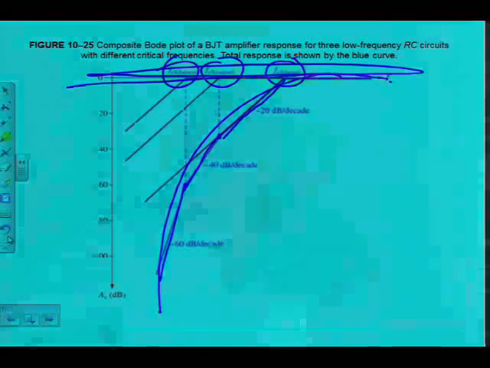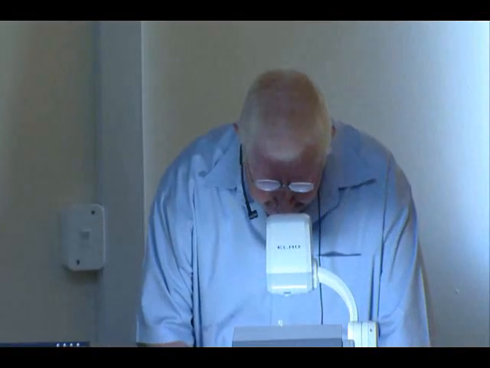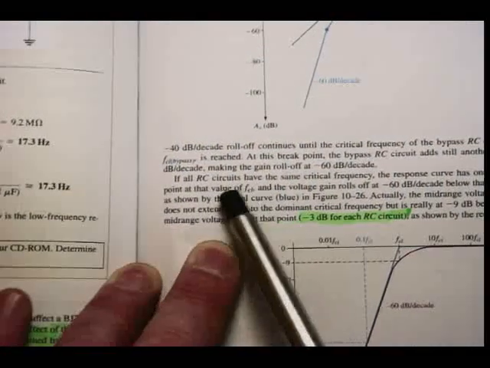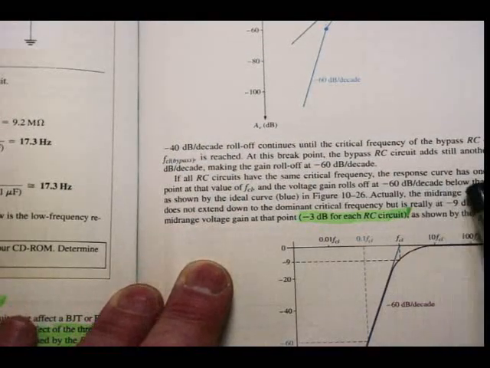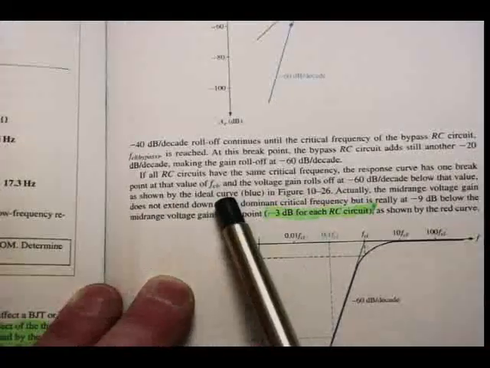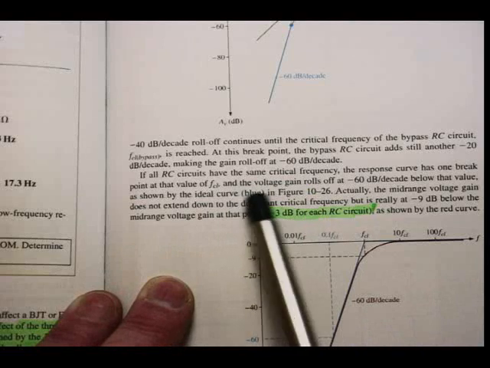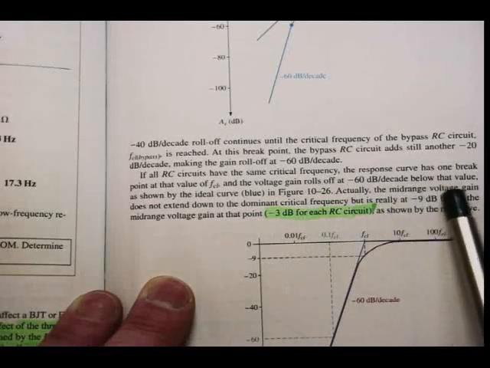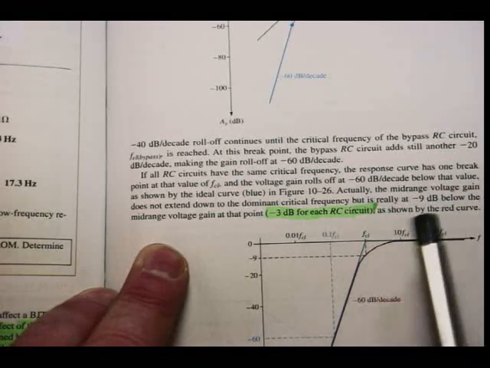But just have a look again in your textbooks below that figure, just to make sure that you understand here. I've underlined something here. If all RC circuits have the same critical frequency, the response curve has one breakpoint at the value of FCL, lower critical frequency, and the voltage gain rolls off at minus 60 dB per decade below that value as shown in the ideal curve in figure 10-26.